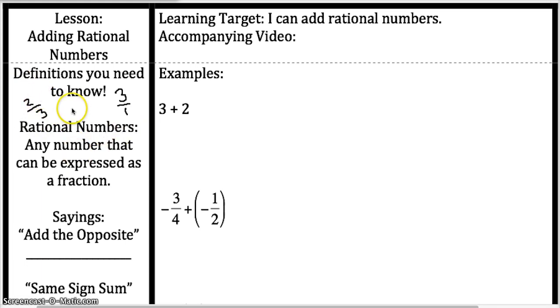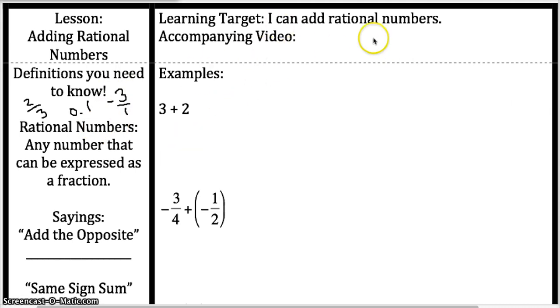And then what about the number 0.1? Is this a rational number? Yes, it is, because this number can be converted into a fraction. Also, please know that negative numbers are also rational numbers, because we can have a negative 3 over 1 and we can still write it as a fraction.